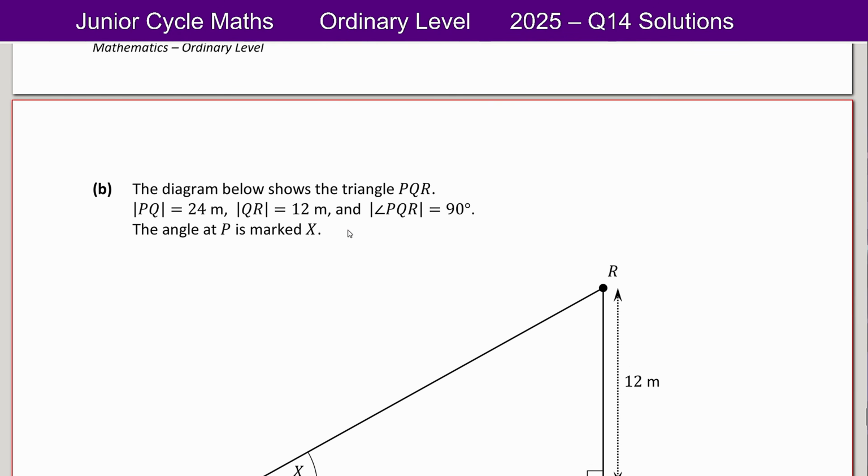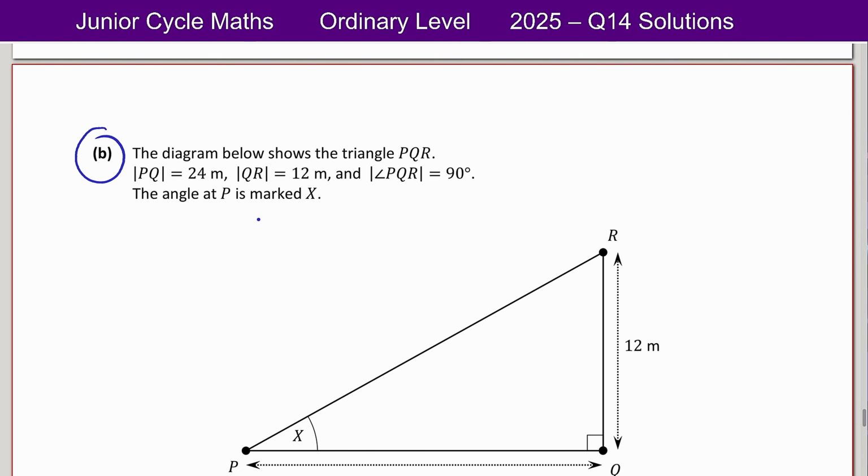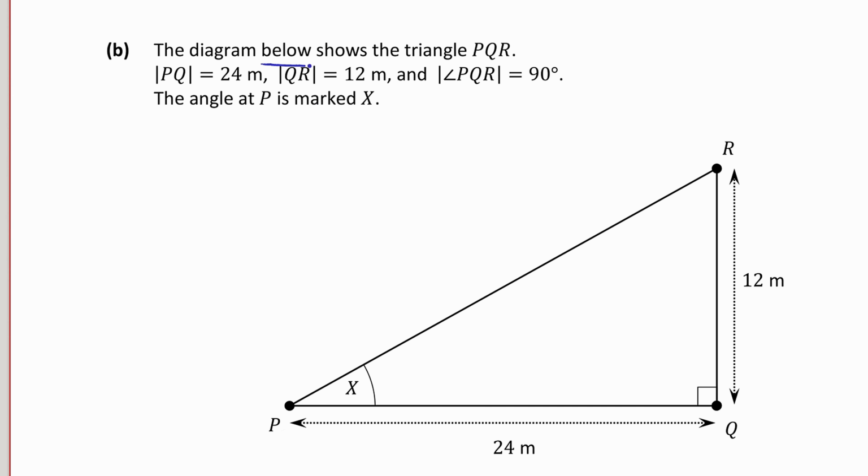Now in part B, we have a diagram that shows the triangle PQR. The distance between point P and point Q is 24 meters, and the length of QR is 12.